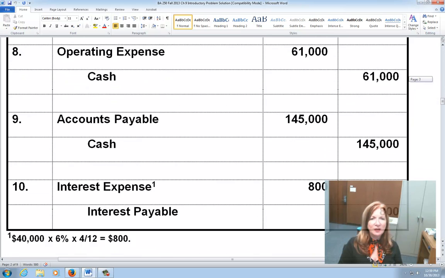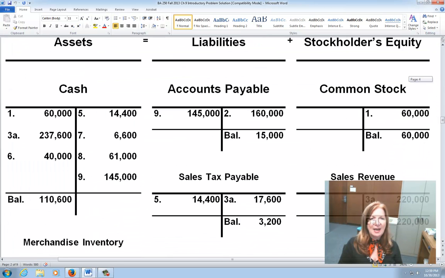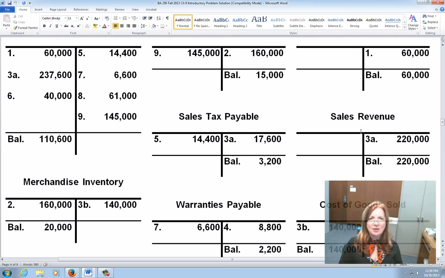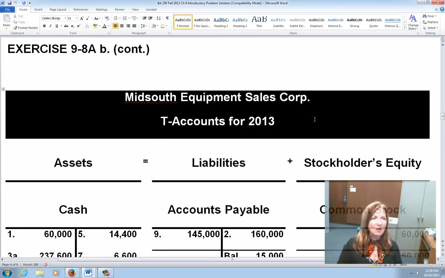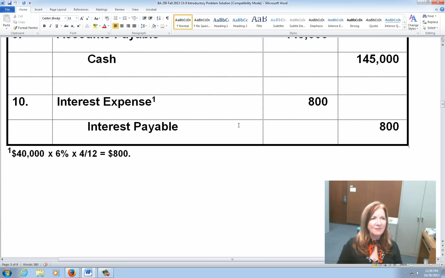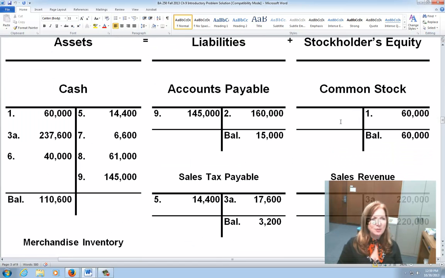So that's going to be over in the owner's equity, and I put entry 1 and $60,000 here in common stock. So right there. So I post all 10 of these transactions, posting them to the T accounts, numbering them as I go.